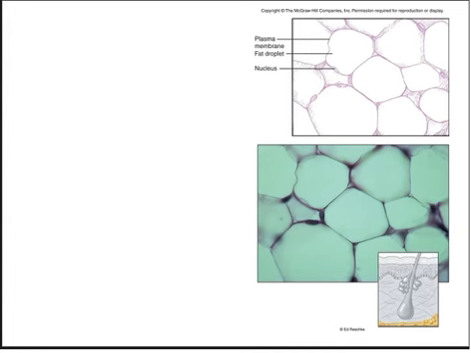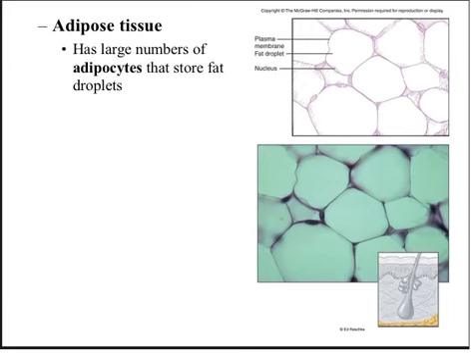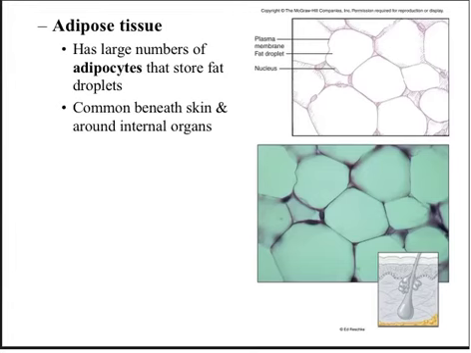Okay, our next connective tissue is adipose tissue. It has large numbers of adipocytes, those are fat cells, that store fat droplets. The major fat they store is triglycerides. Remember that those are molecules made up of 3 fatty acid tails connected to a glycerol backbone. It's found around internal organs and beneath the skin and provides padding and protection.